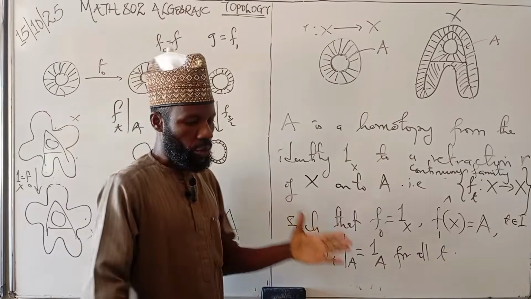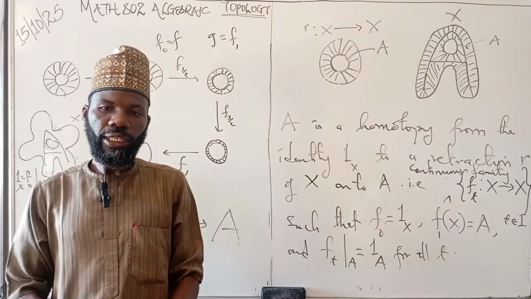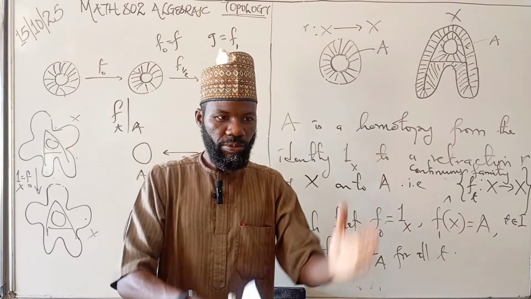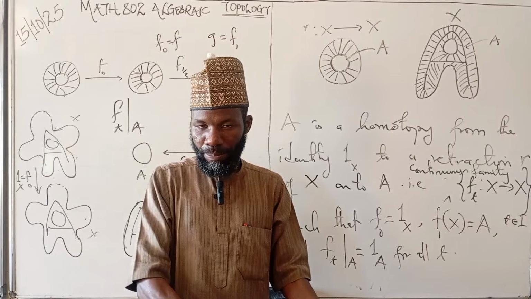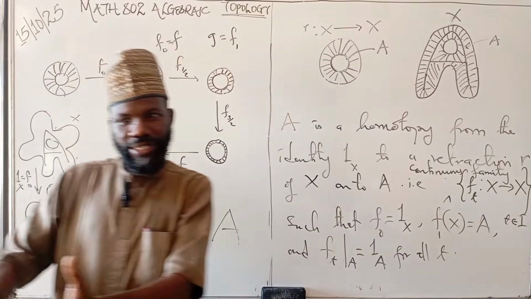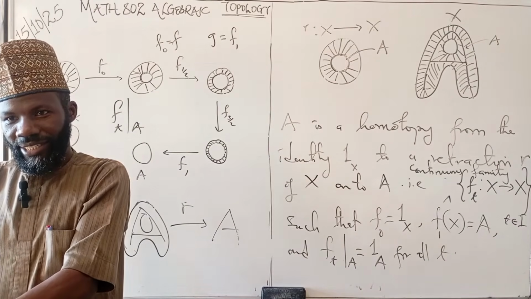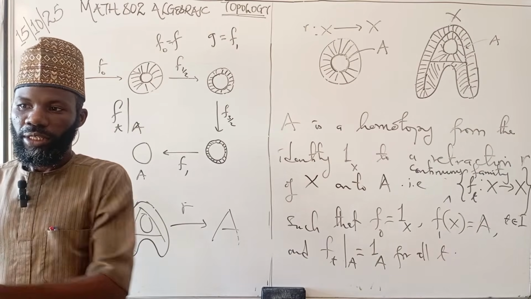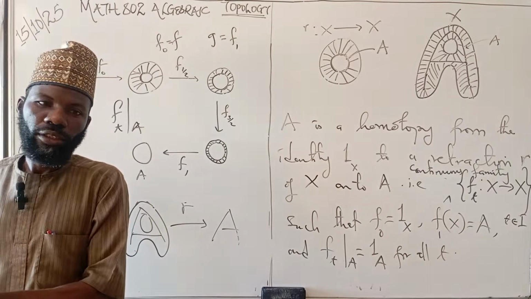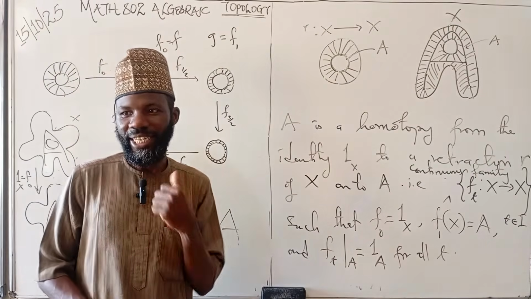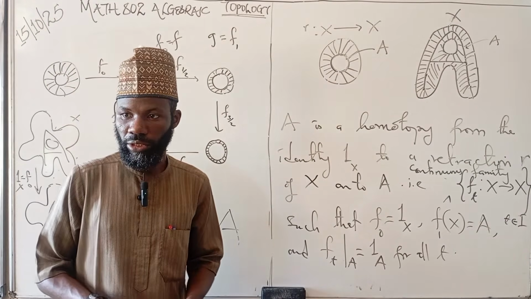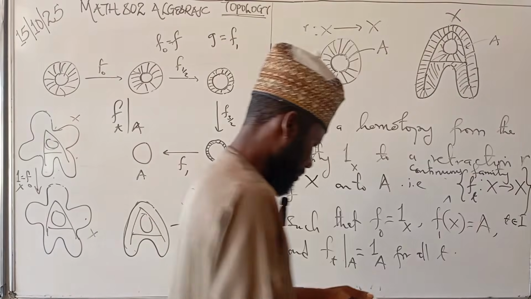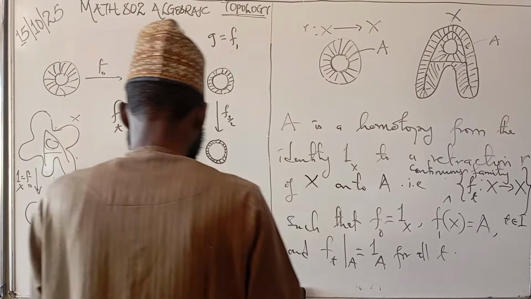And then if you have a homotopy that starts from the identity map and ends at a retraction of the entire space onto a subspace, then that homotopy is called a deformation retraction. I hope it's okay. So I think we can make progress.